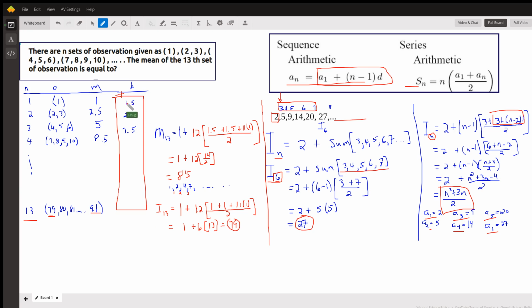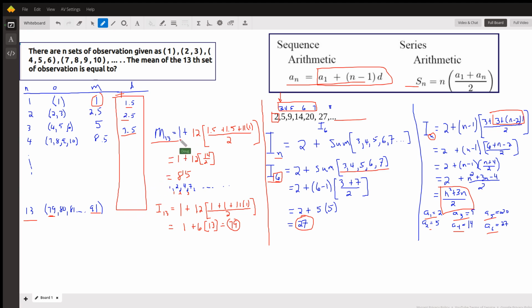The other way to do it is to actually calculate the mean for each observation. And you can see that they're increasing by 1. 1.5, 2.5, 3.5. So you can actually calculate the mean of the 13th observation directly. We'll start at 1 and add on the sum of these differences between the means.